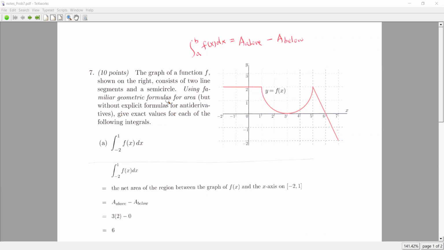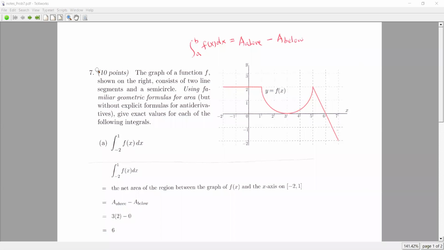This sentence means using the integral as area, this formula. Don't use the fundamental theorem of calculus. Give exact values for each of the following integrals.